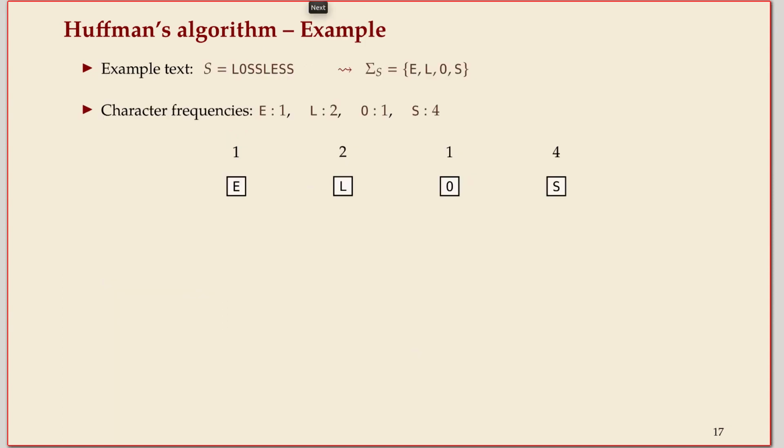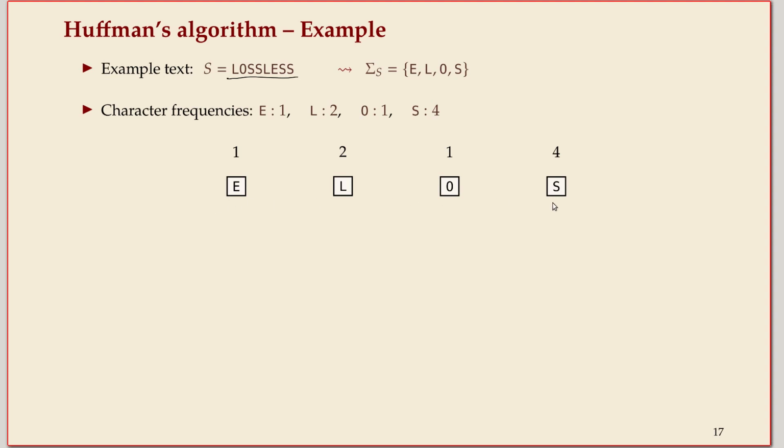So let's do a quick example of how this works. We're given a text, lossless, so it's over the alphabet ELOS. The first step is to count the frequencies of occurrence in this text. There's 1 E, there's 2 L's, there's 1 O, and there's 4 S's.